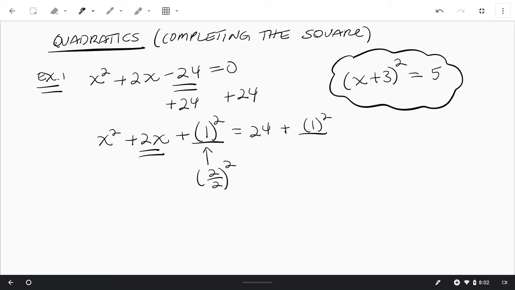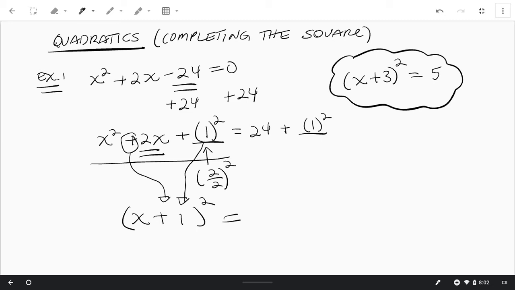And what happens is now the trinomial that you have on the left-hand side over here, this trinomial factors into a perfect square. It turns out that that factors out to x, and then I'm going to use this sign right over here, plus, and I'm going to use this number inside that we end up squaring, which is 1.